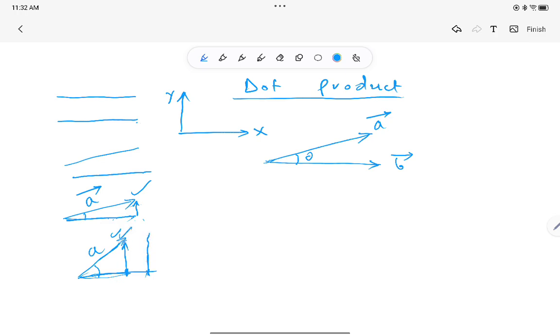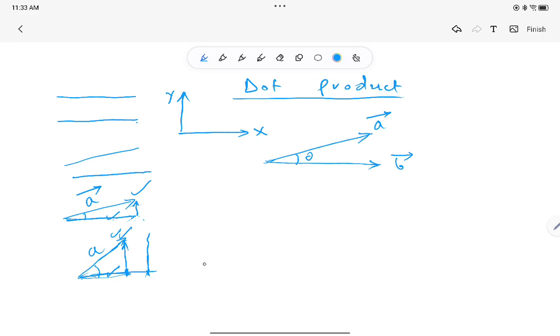You have to reach this point, and for that you have to look at how you travel. So this is the x component, this is the y component. If you compare this x component and this x component, one thing you immediately notice is that this x component is longer than this x component. This vector has a bigger x component as compared to this vector.